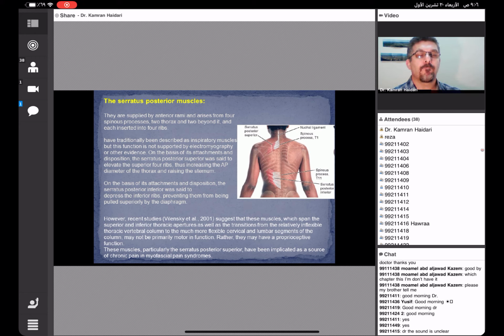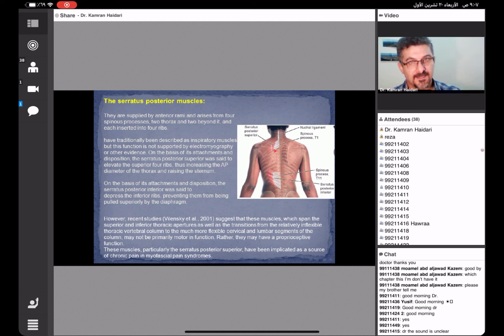During inspiration, serratus posterior superior contracts, and the upper ribs are fixed because of the action of this muscle.